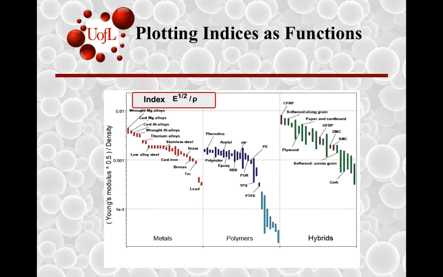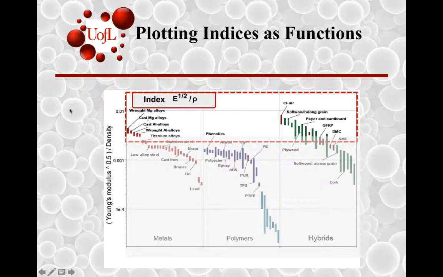Those were examples of bubble charts that we've seen in CES EduPack. Alternatively, bar charts are another way to represent options. Normally, a single material property is plotted on the y-axis, and then various possibilities can be used. CES EduPack allows you to use combinations and plot material indices as well, rather than just individual material properties.